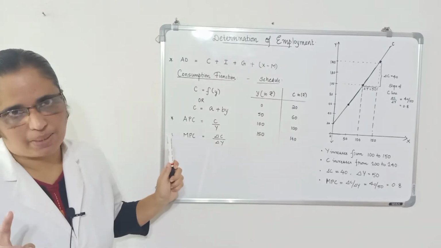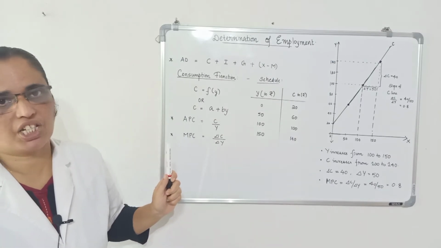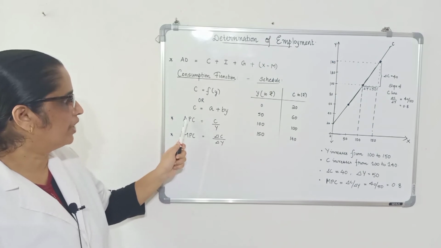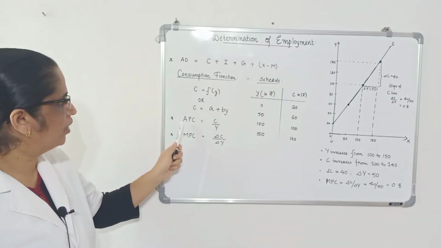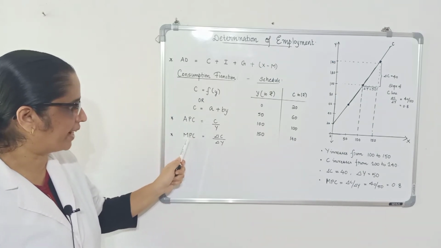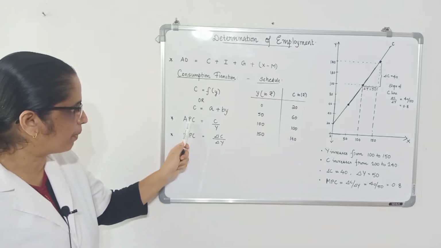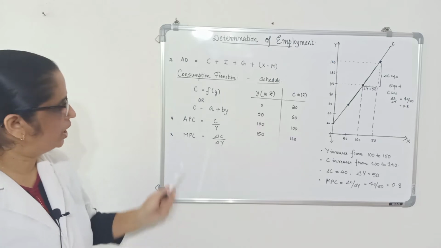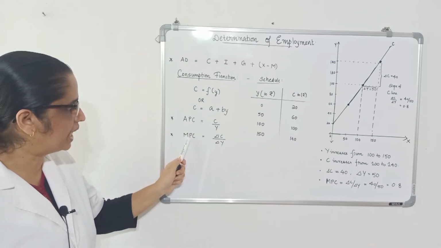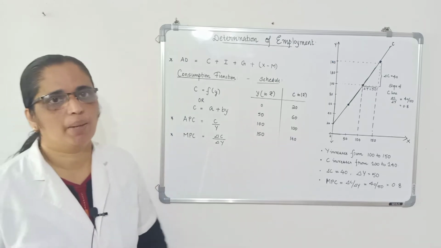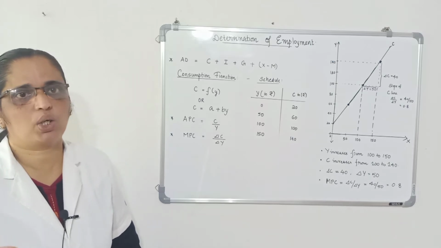When we study consumption function or propensity to consume, we have two important concepts. First APC, second MPC. APC means average propensity to consume. MPC means marginal propensity to consume. Propensity means desire to consume.